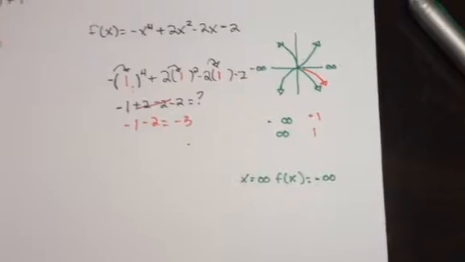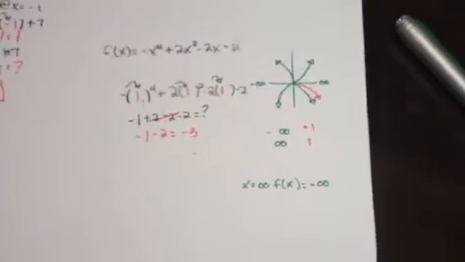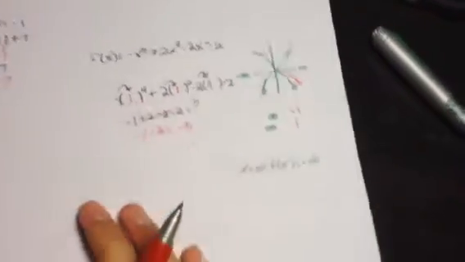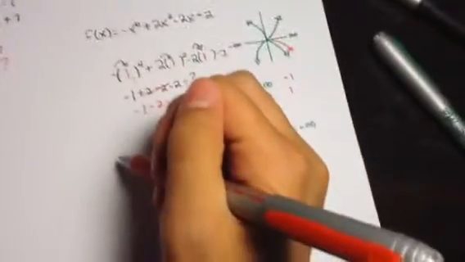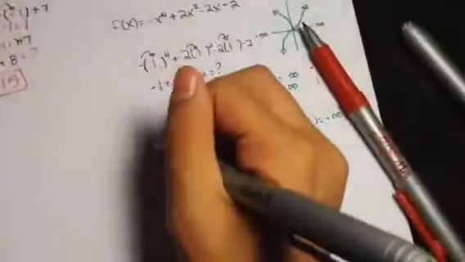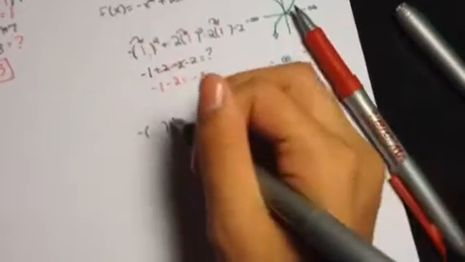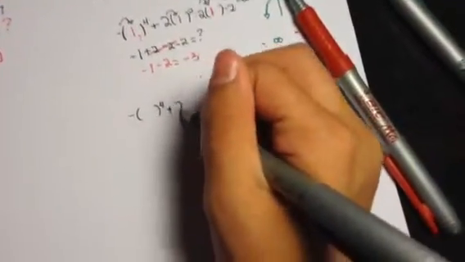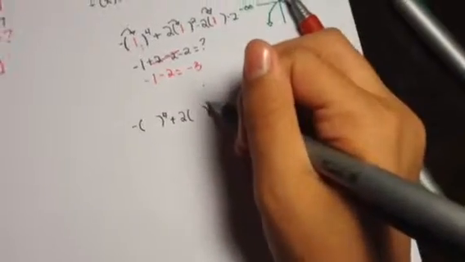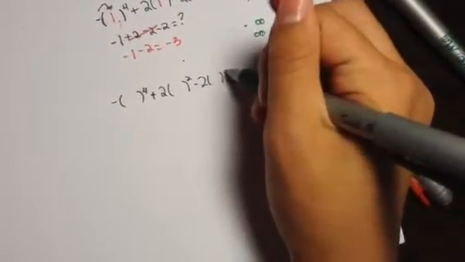We're going to do the second part next, which is negative infinity. So we're going to plug in -1. Make sure you use your parentheses because they are very, very helpful. And plug in all that you're missing. Then -2.